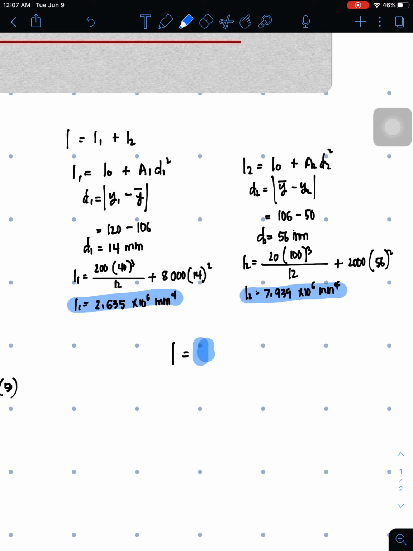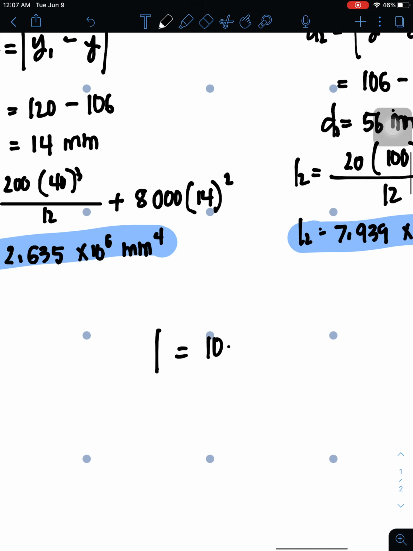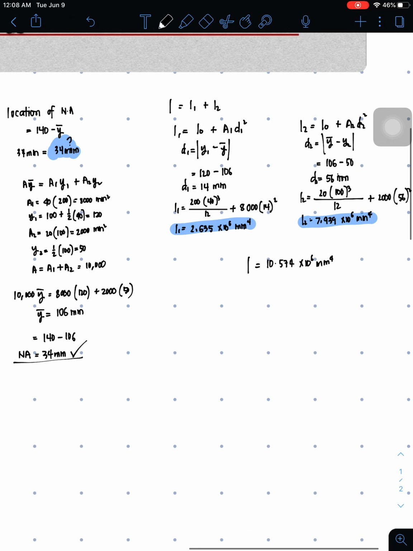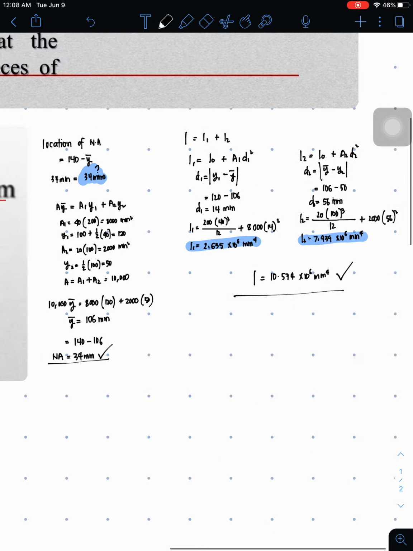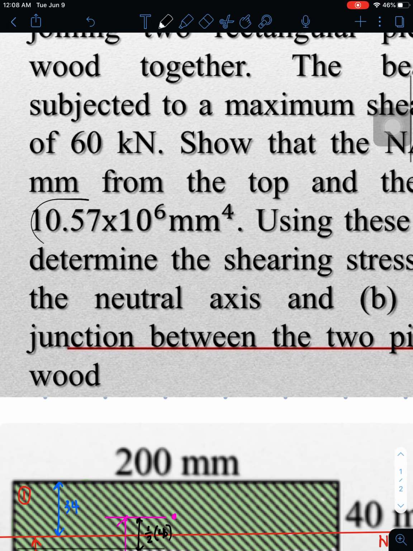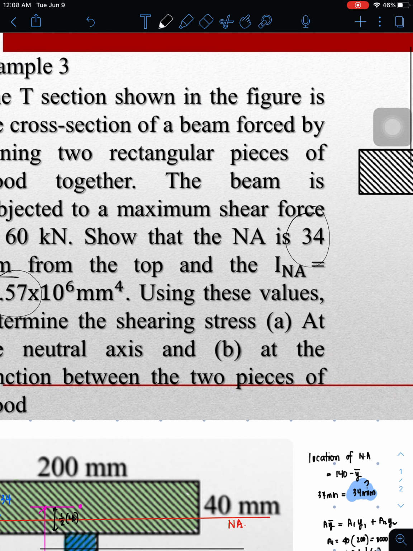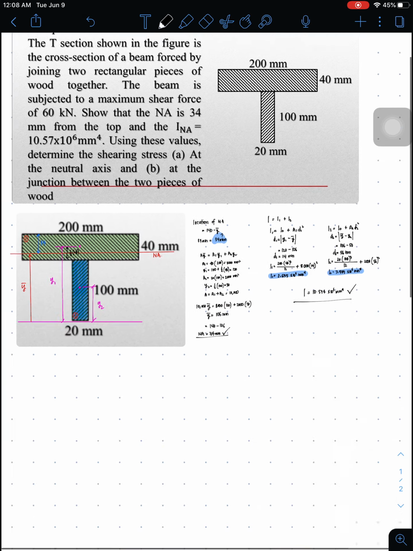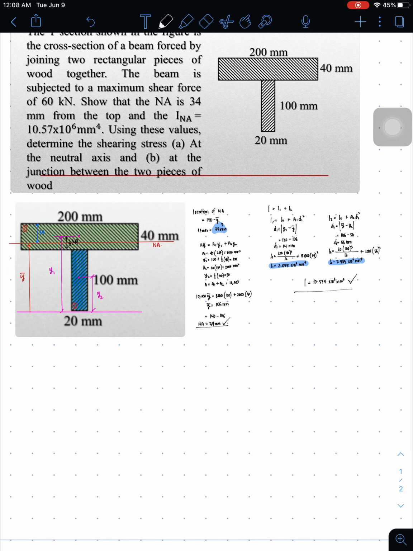So that's 10.574 times 10 to the 6th mm to the 4th. So this is our moment of inertia, and we have proven that we're correct. So we now have the moment of inertia and the neutral axis location.